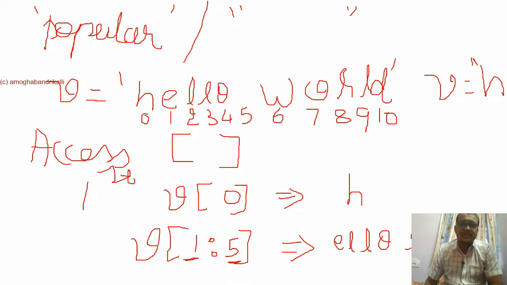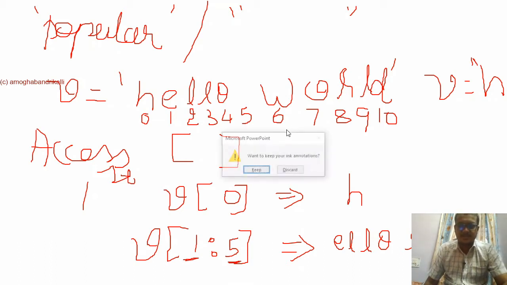So this is starting from 1 to 5, and the output is e, l, l, o with a space. So this is how we access the strings.